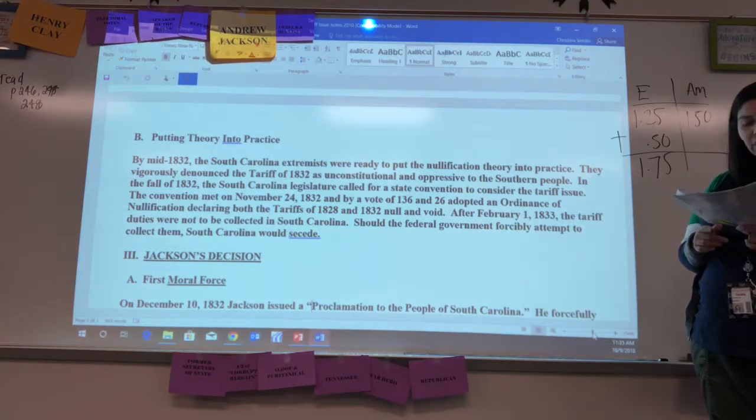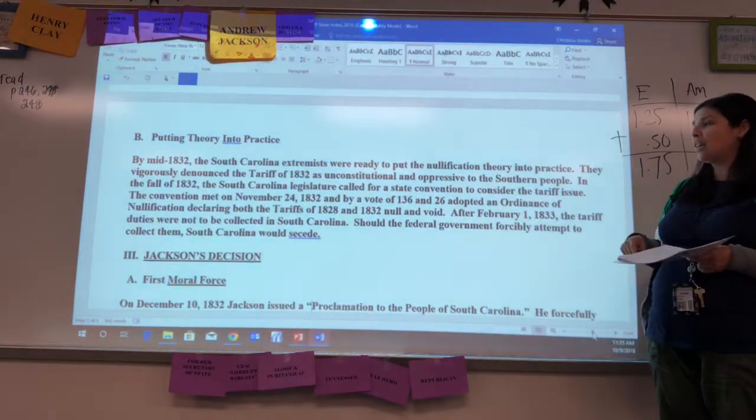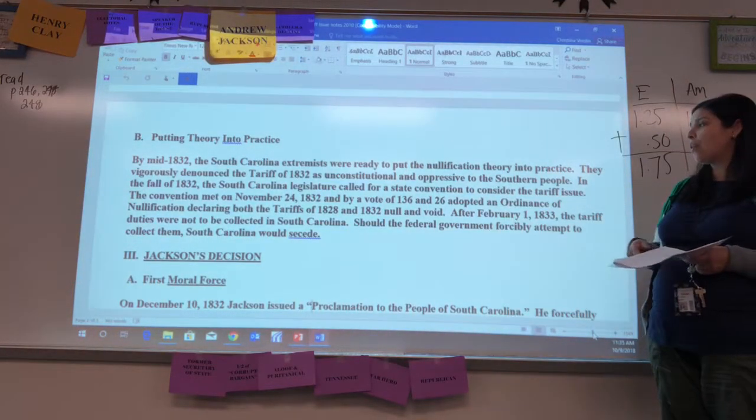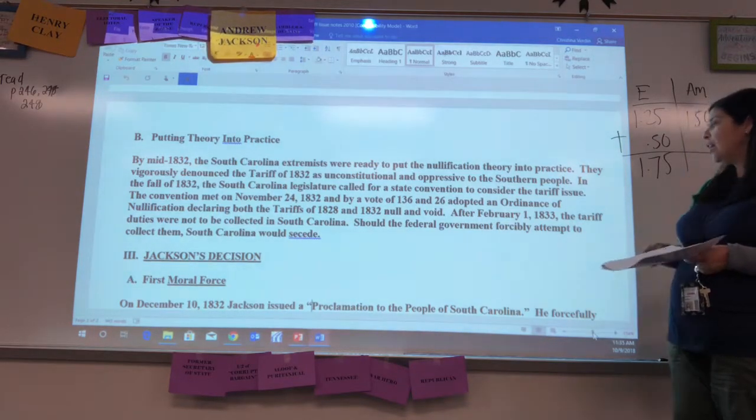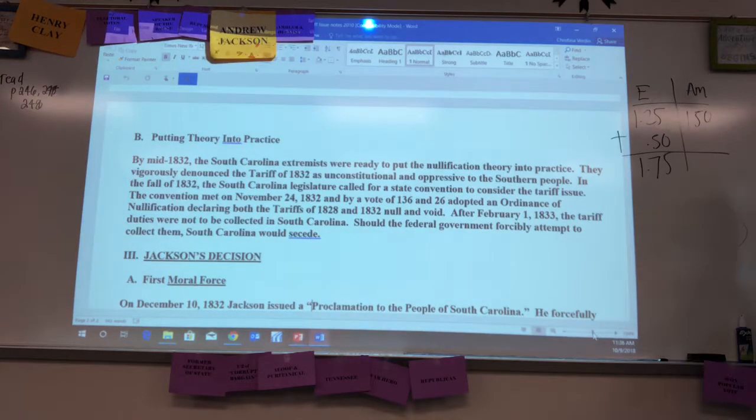In the fall of 1832, the legislature called for a state convention to consider the tariffs. They met November 24th, and by a vote of 136 to 26, adopted the ordinance of nullification on both tariffs. And they said if, on February 1st, the tariff duties were to be collected in South Carolina, and the federal government would forcibly collect them, they would secede.